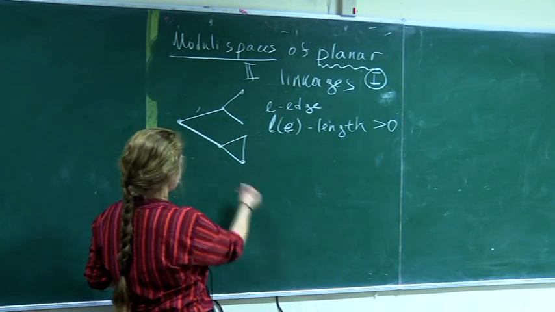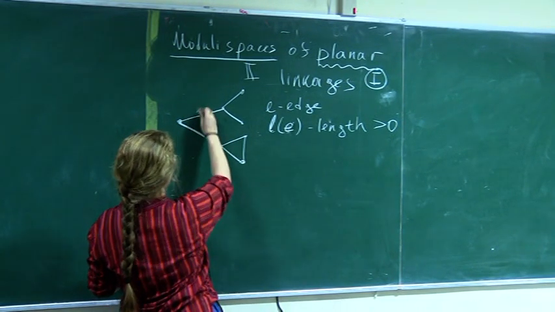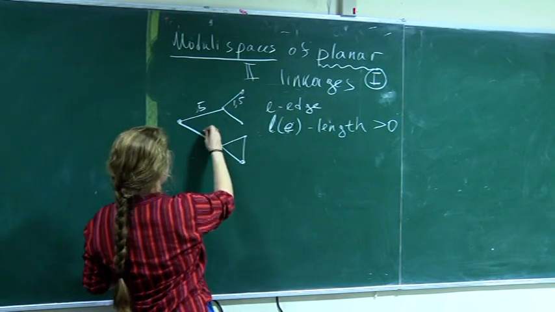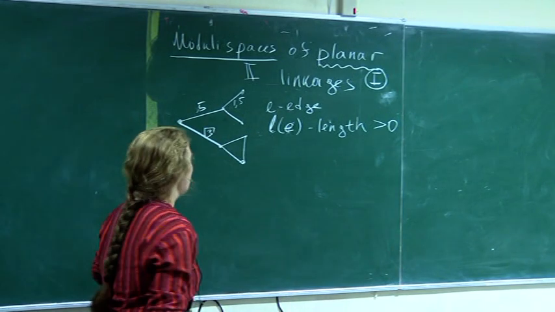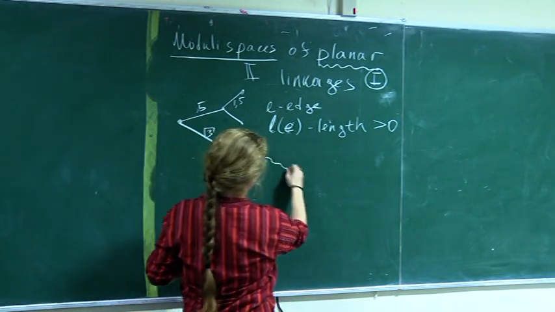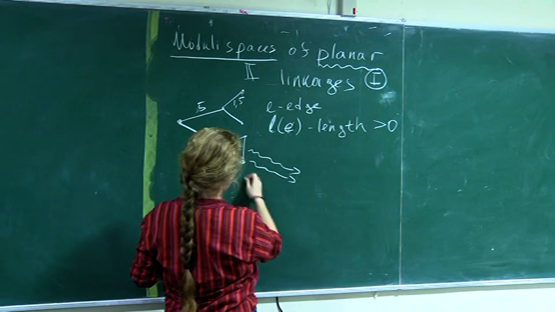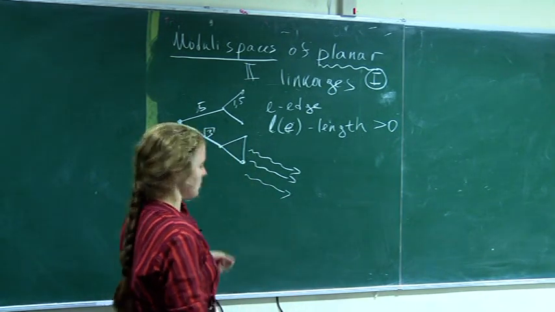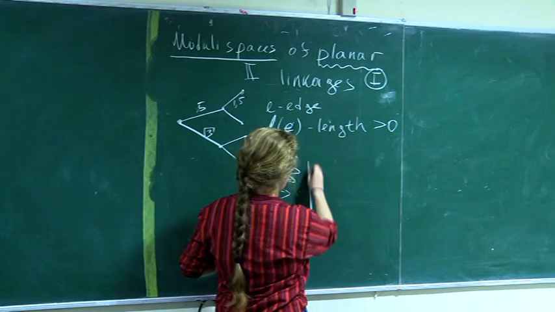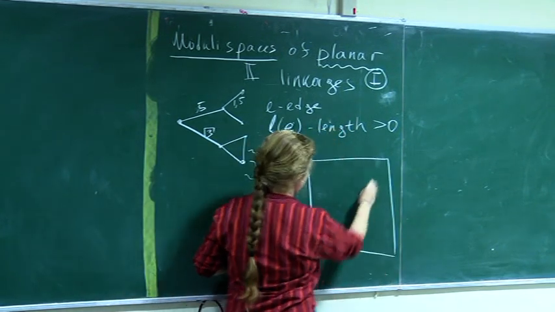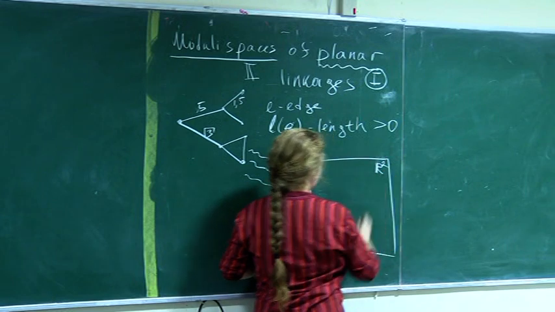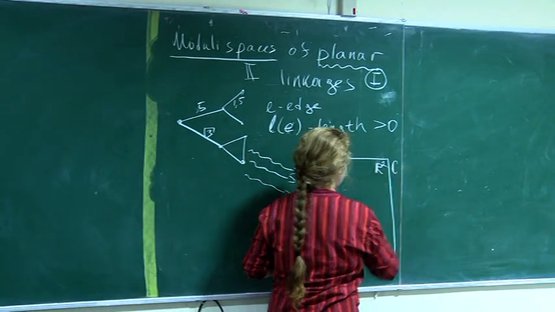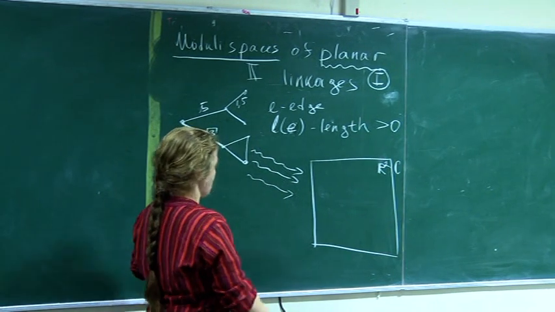This is an abstract linkage, and for it we consider its configurations. In my talk, I will consider configurations on a Euclidean plane, or you can say a plane of complex numbers.